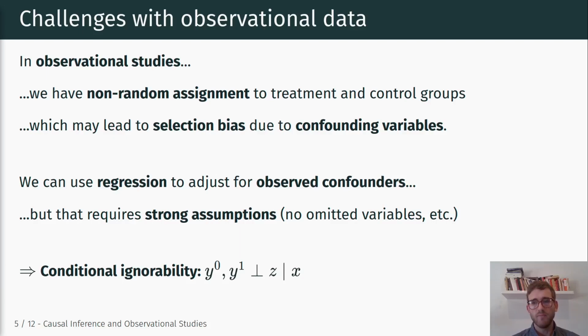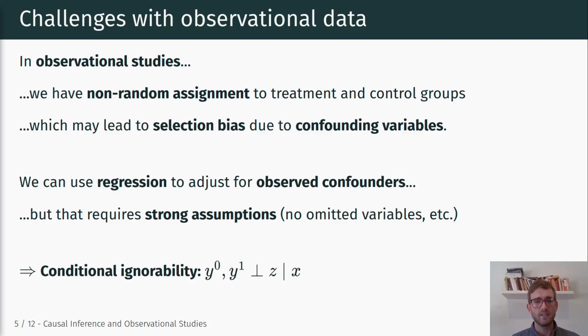In other words, if ignorability holds, and we're adjusting for all potential confounding factors, we don't need to model the treatment assignment mechanism, and we can proceed to compare treatment and control groups in a regression framework, for example.